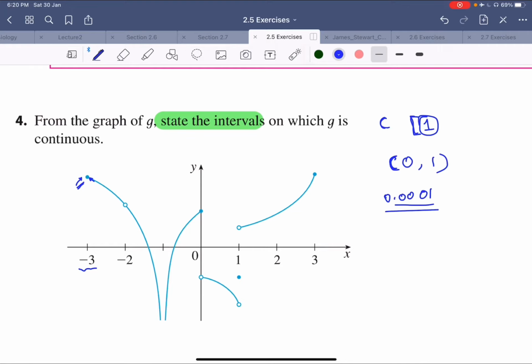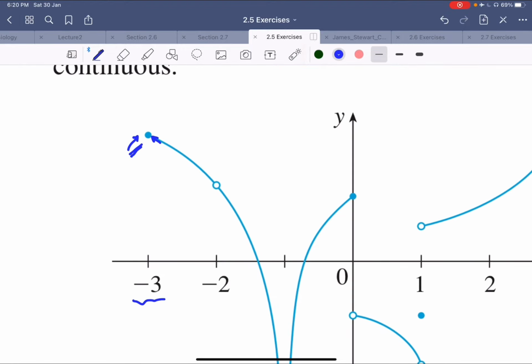So هون إحنا فينا نحكي إنه -3 is not included certainly. No, it's not continuous from both sides.